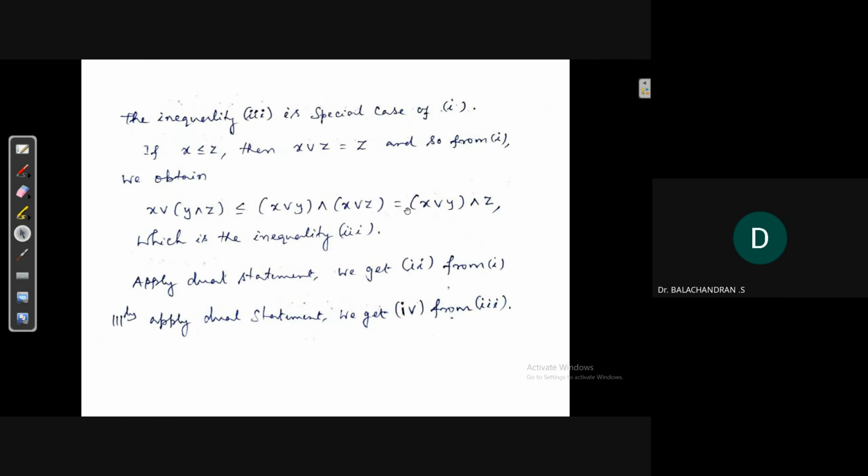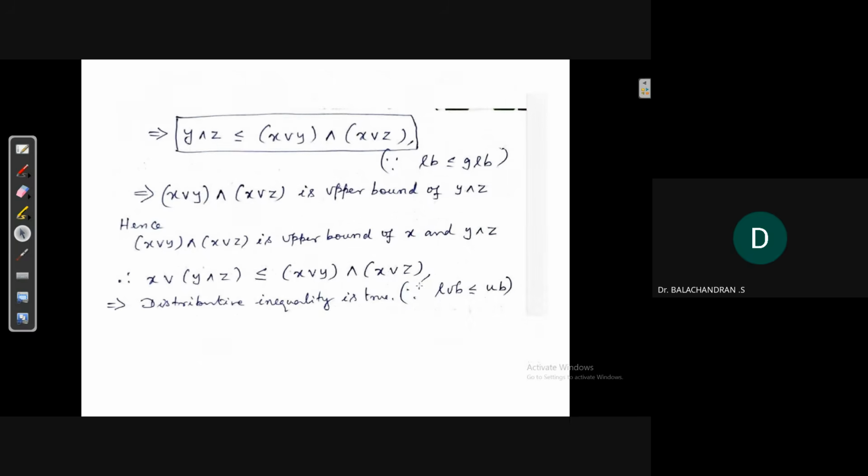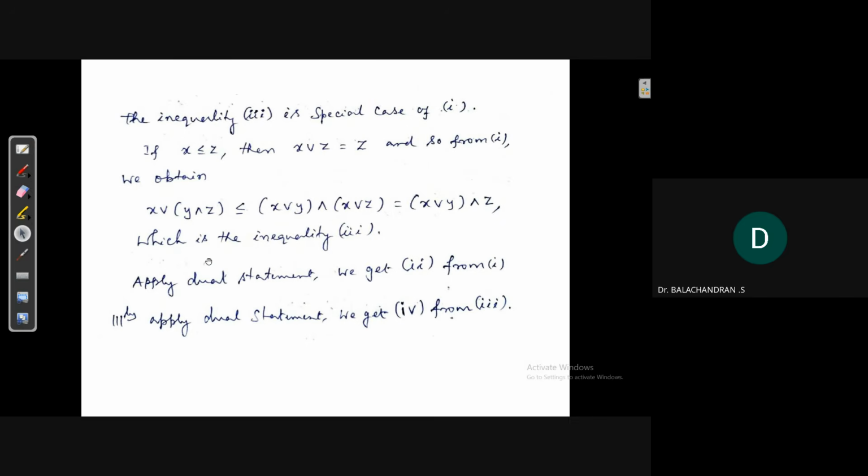But x or z is z. So now this is 3: x or y and z is less than or equal to x or y and z. Please check it. That is the inequality 3.